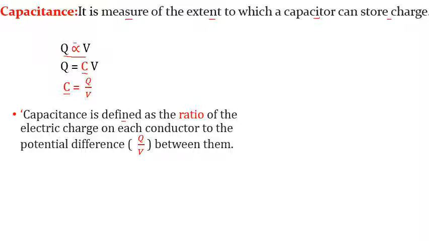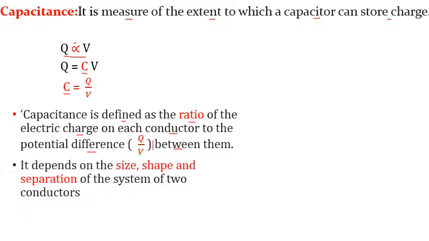It is defined as the ratio of electric charge on each conductor to the potential difference between them. By formula, we can write it very easily. This capacitance depends on the size, shape and separation of the system of two conductors.